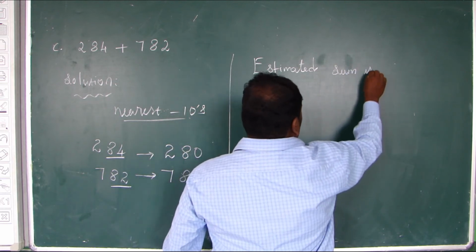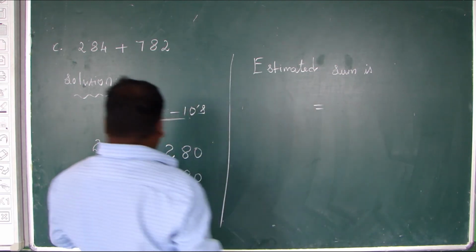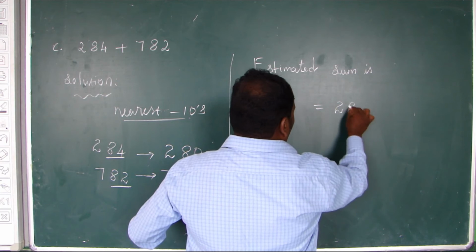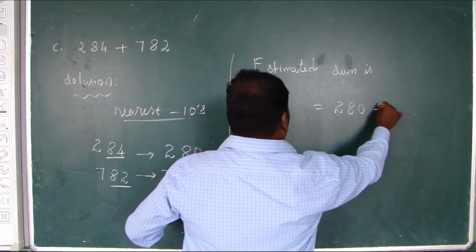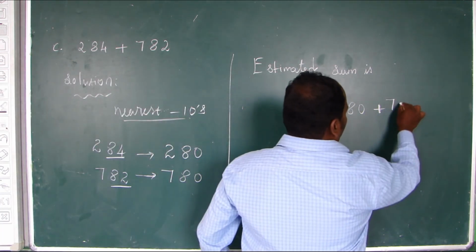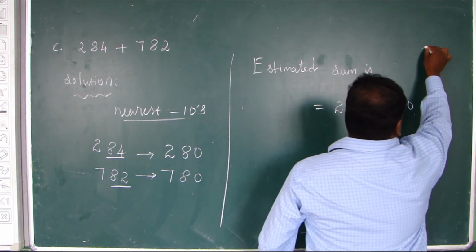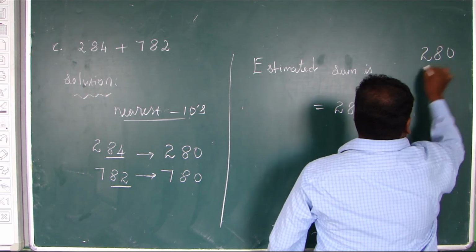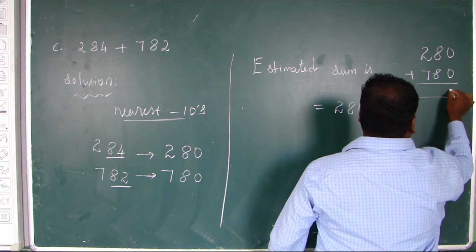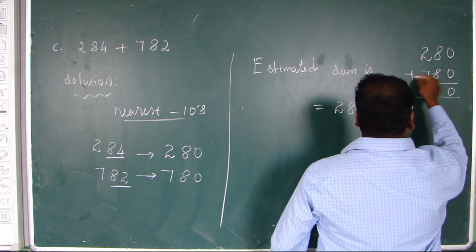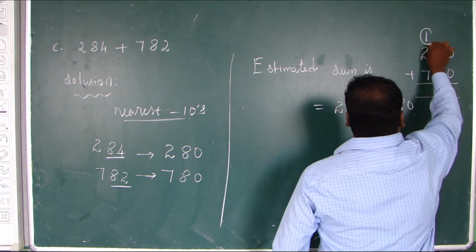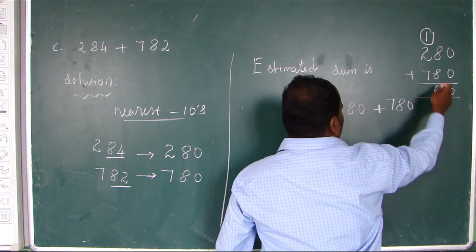Estimated sum is 280 plus 780. 0 plus 0 is equal to 0. 8 plus 8 is 16.